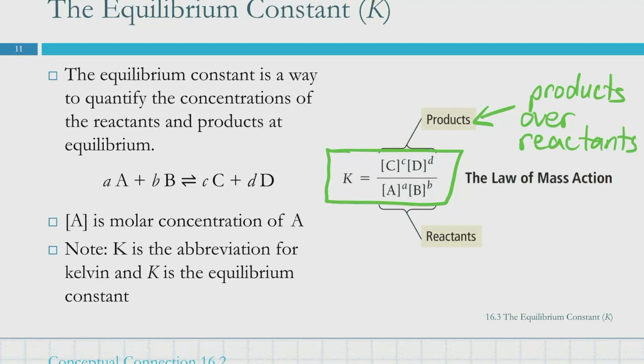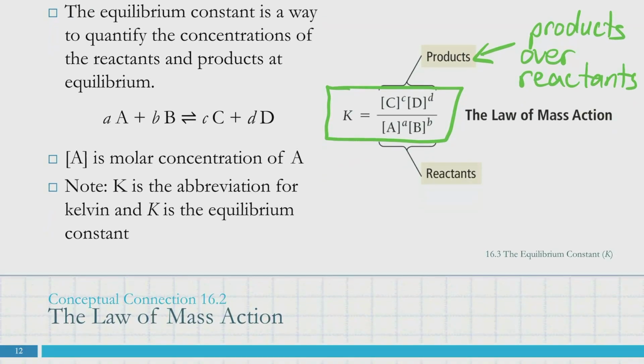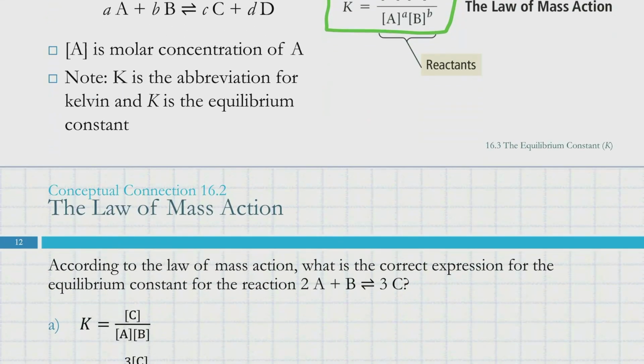And in the slides, K, just standing up, normal K, is going to be our abbreviation for Kelvin. And K, just slightly slanted, is our equilibrium constant. So if it's in italics, we're talking about the equilibrium constant. So most of the time it'll be that one.